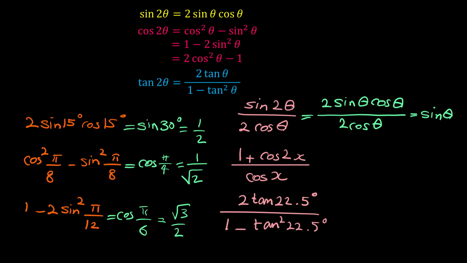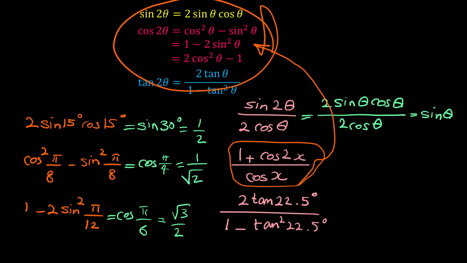Now look at the next example. 1 plus cosine of 2x over cosine x. The reason that for simplifying this expression we have to think of double angle identities is that in the numerator we have a trigonometric function with 2x, but in the denominator it's x, so they don't match each other. We have to change one of them to the other.